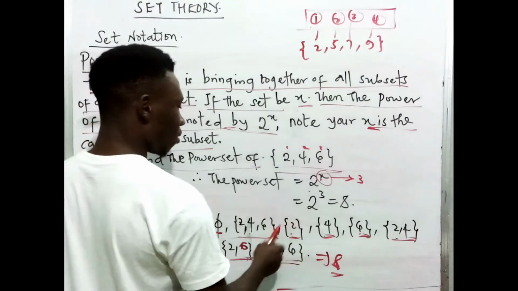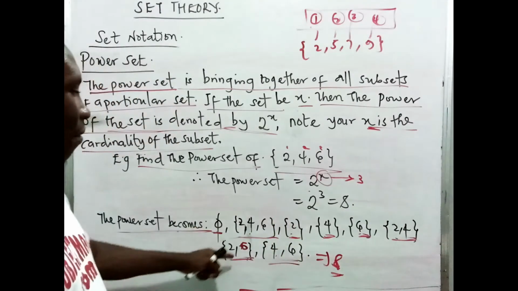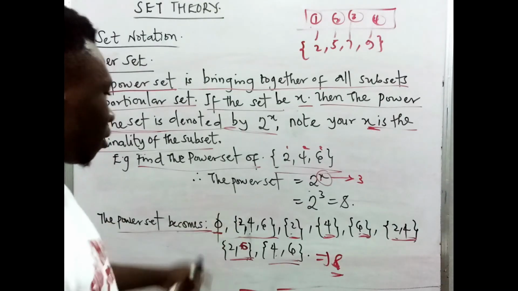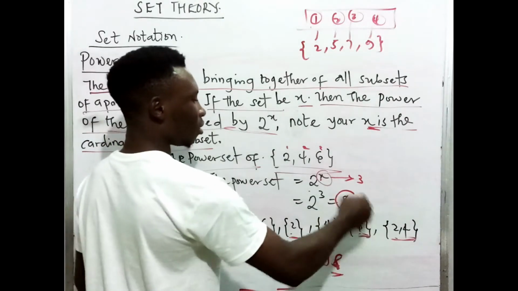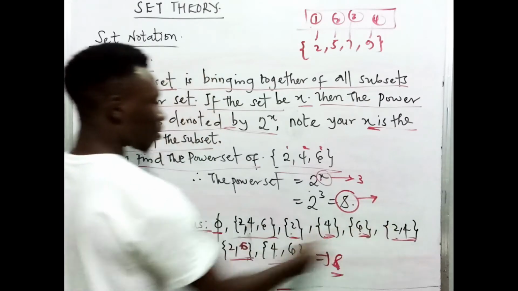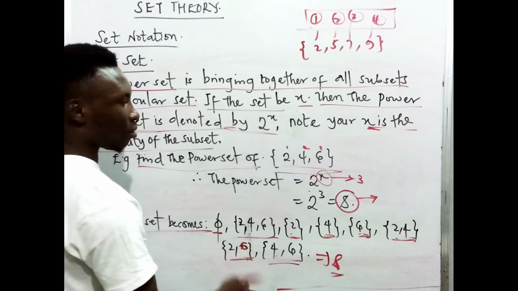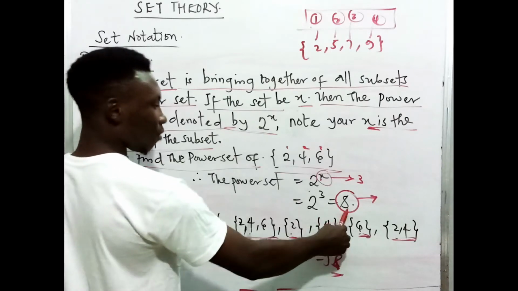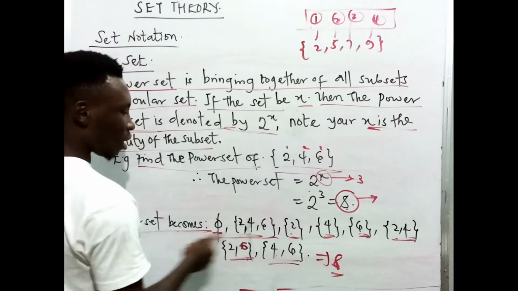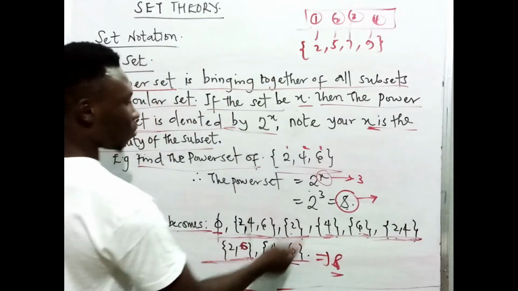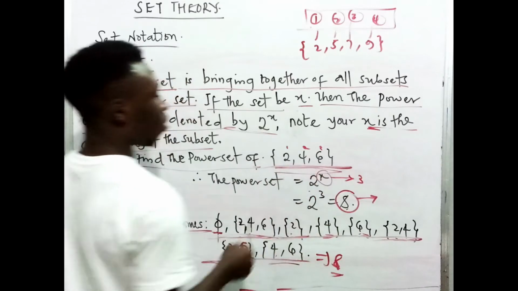So whenever you are asked to find the power set, after evaluating its cardinality, you then want to express the possible subsets of that particular set. These are the subsets of the set 2, 4, 6.